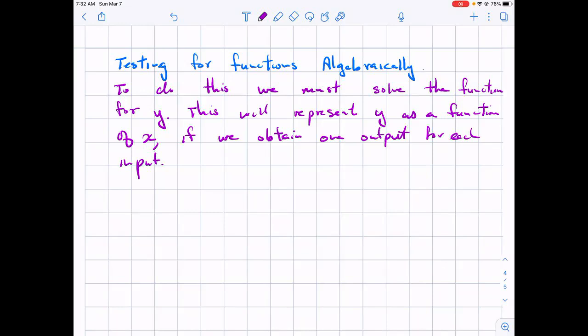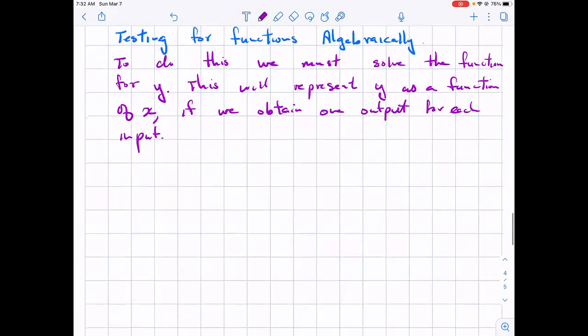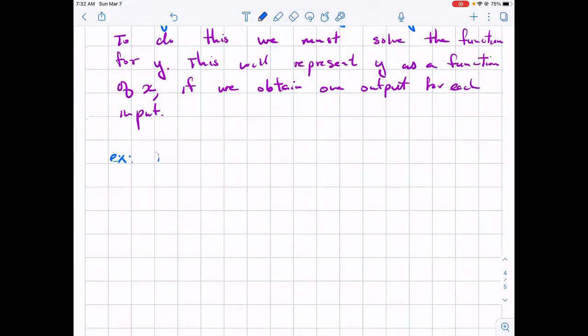Okay, let's look at an example. So example, determine whether y is a function of x.